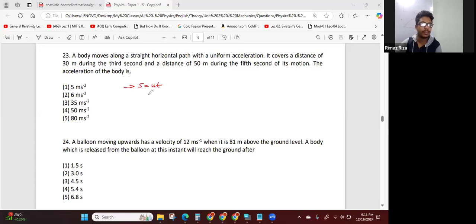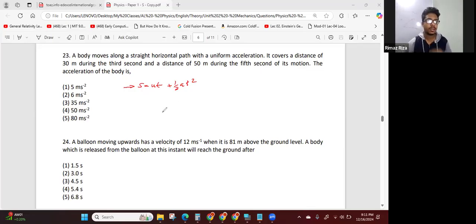Right now, what we are saying is you have to use this one. It says uniform acceleration, and uniform acceleration doesn't mean the acceleration is 0. So there is acceleration, no? Half a t squared. So you can't do it like that.